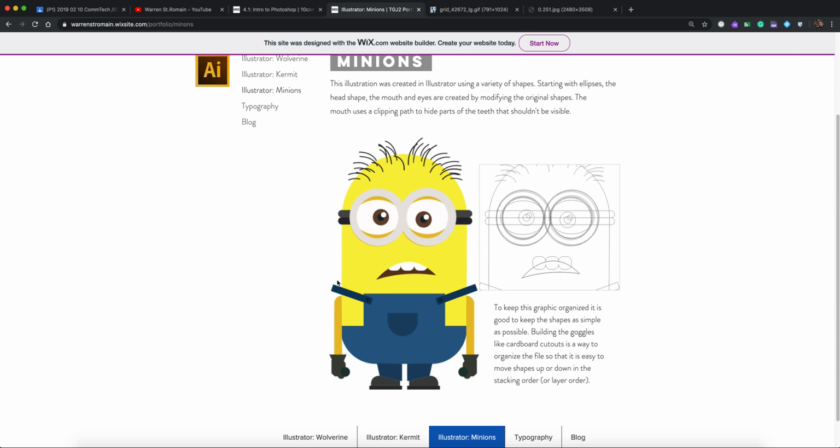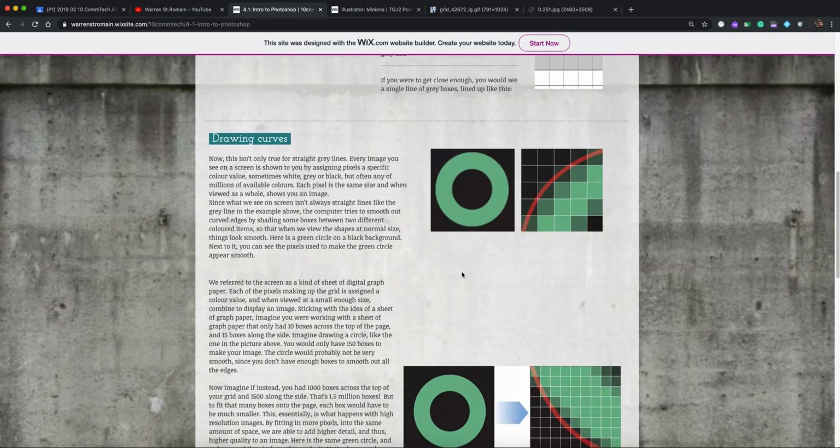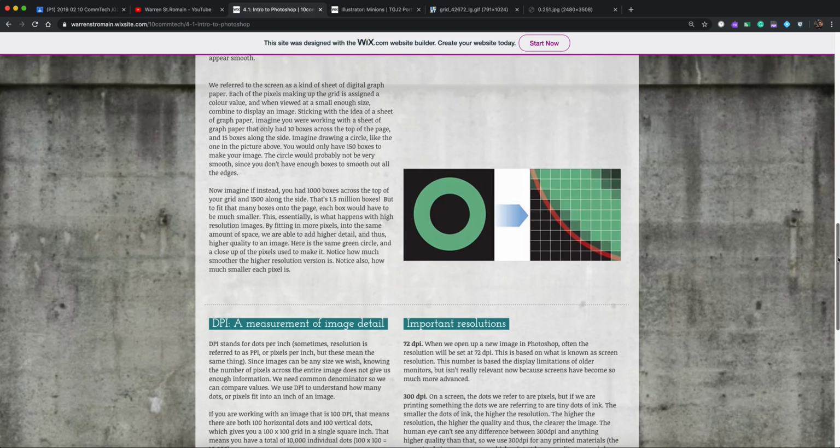It's used for making the file, but it can't display it on a browser. So even though we know that when we created this minion, this was vector, this is actually a raster image. If I could zoom in on this, you would see this gray line is made up of those single pixel dots like we saw over here. All right, that's about it for raster, vector, and resolution.